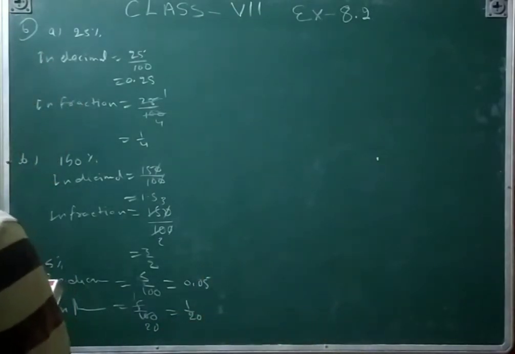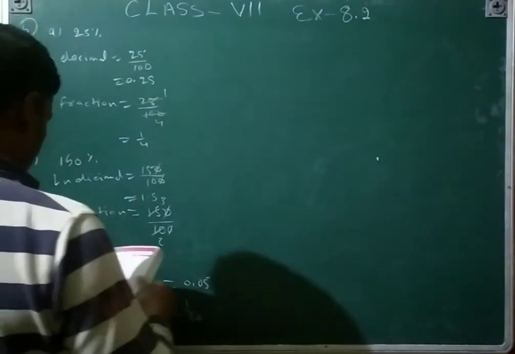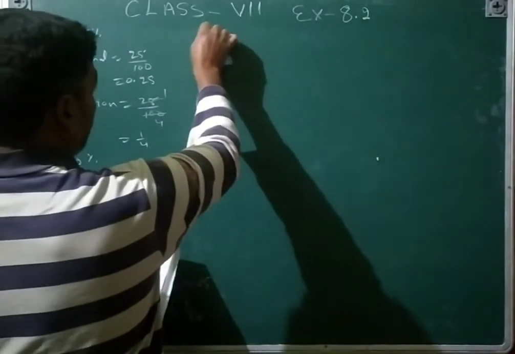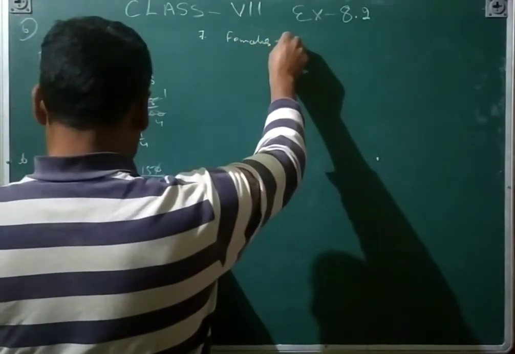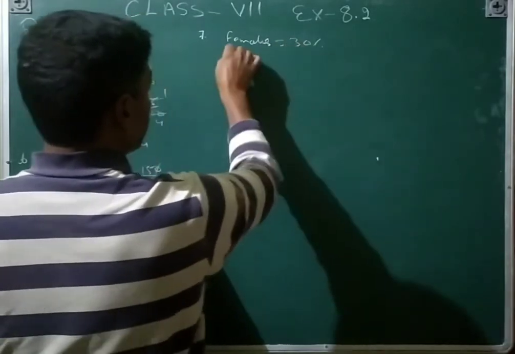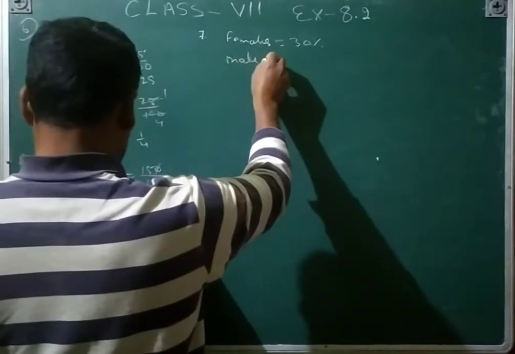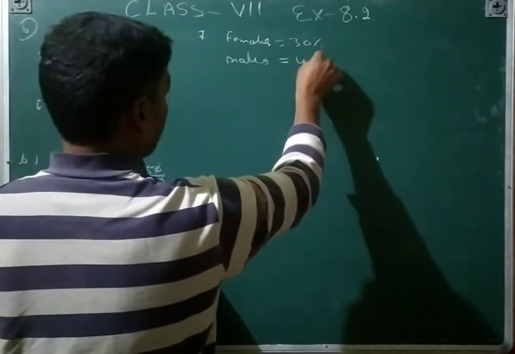And then question number 7: in a city, female is equal to 30%, male is equal to 40%.